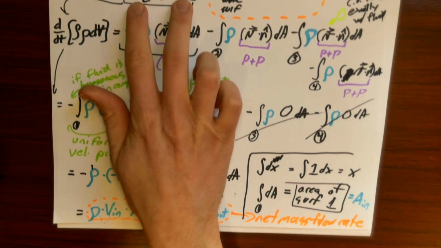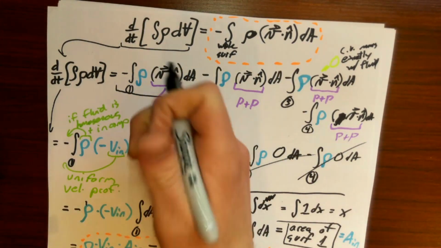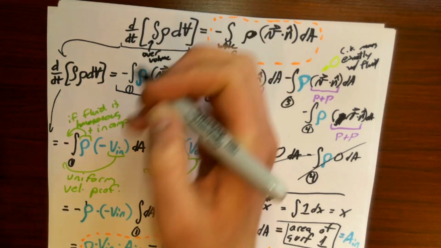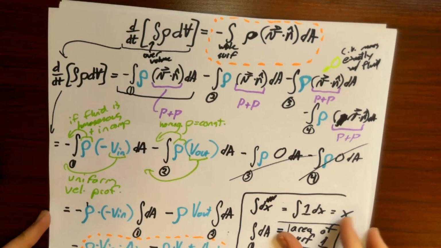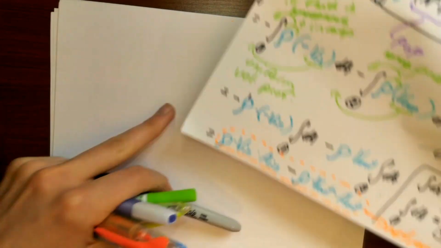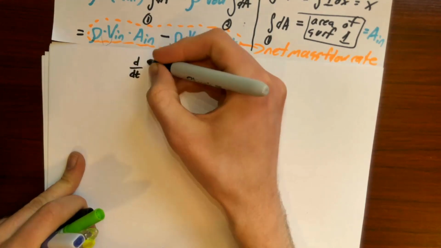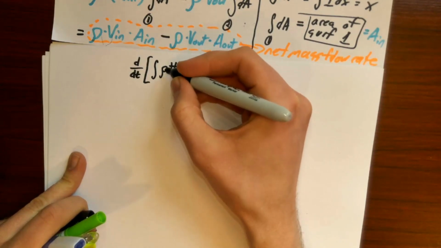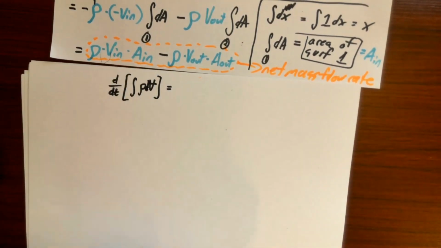The left-hand side is this derivative of an integral of rho dV, an integral over the volume of our CV. This is the left-hand side that we've been carrying along the whole way here. So let's work on a fresh page. d/dt of an integral of rho dV is equal to this right-hand side, which is entirely in terms of known constants, which is great.